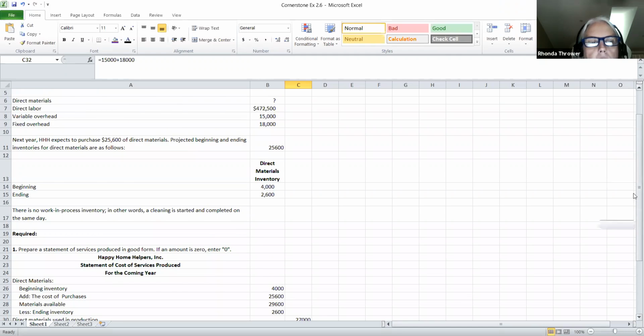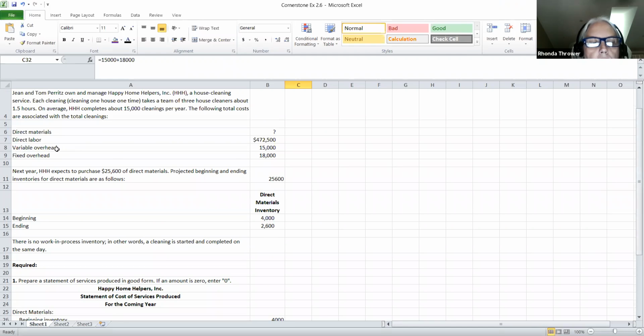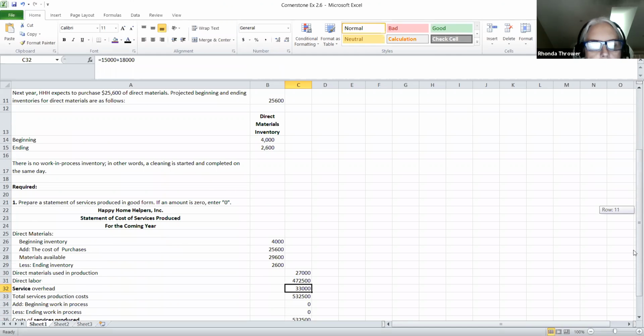And so we need to look at the services. We had variable services overhead of $15,000. We have fixed services overhead of $18,000. If you combine both of the services overhead together, it will give you this total of $33,000.